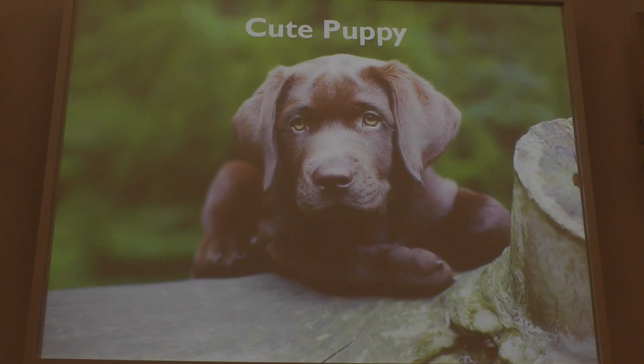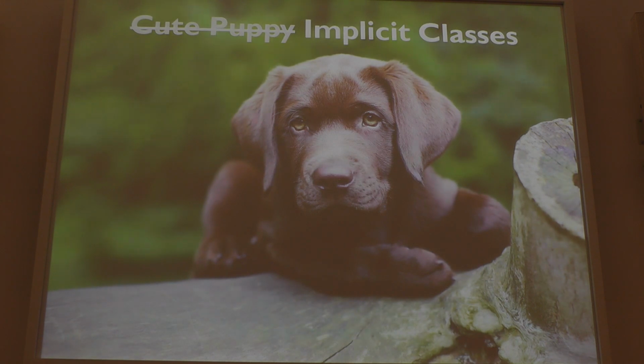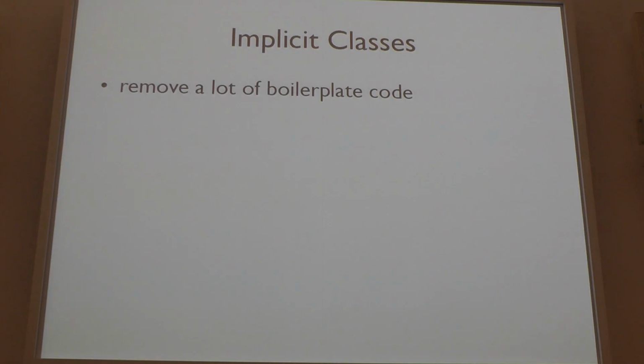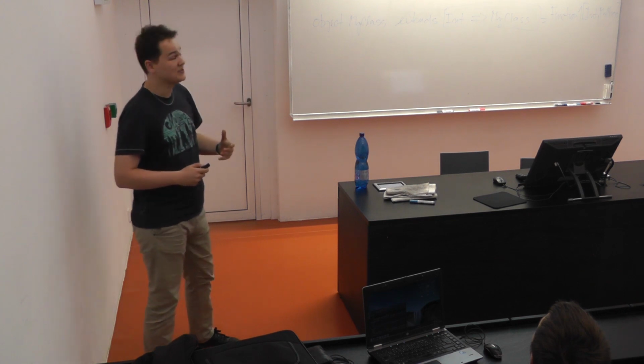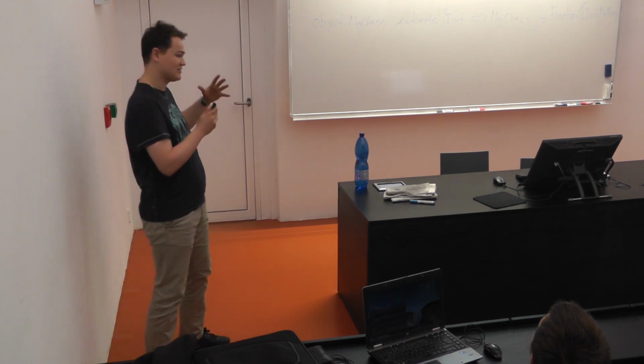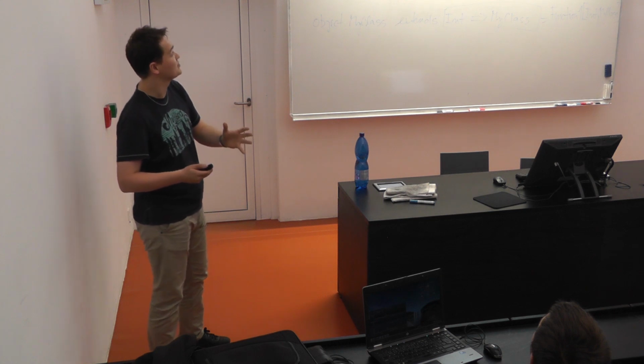What else? Cute puppy. Actually, no. It only brings us implicit classes. Implicit classes are very useful because if you code in Scala, you know that you write a lot of implicit conversions to convert from some object to another type of object.